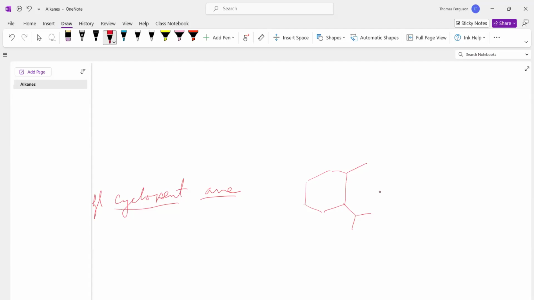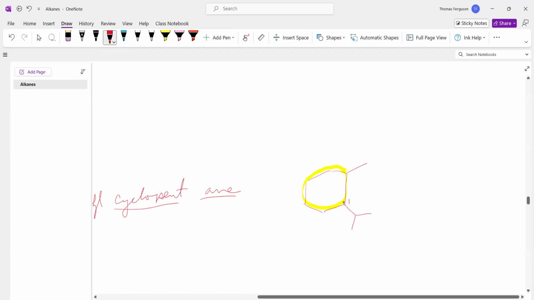Okay, so let's analyze this. We have a ring structure, which automatically means backbone. And we have a methyl group and an isopropyl group. So we'll start numbering here. If we number counterclockwise, that's going to give lower numbers.